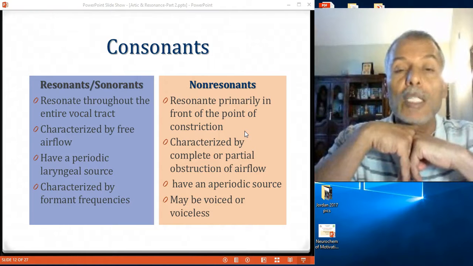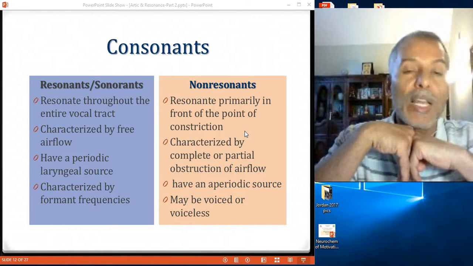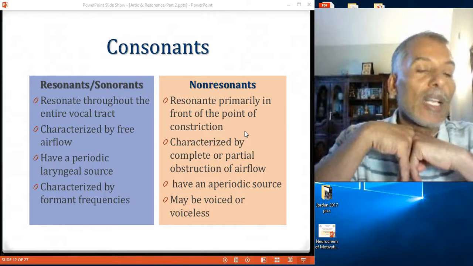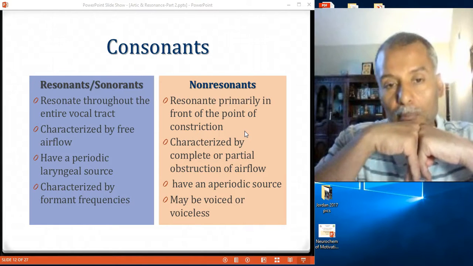Non-resonant sounds do not resonate throughout the vocal tract, while resonant sounds resonate throughout the vocal tract.